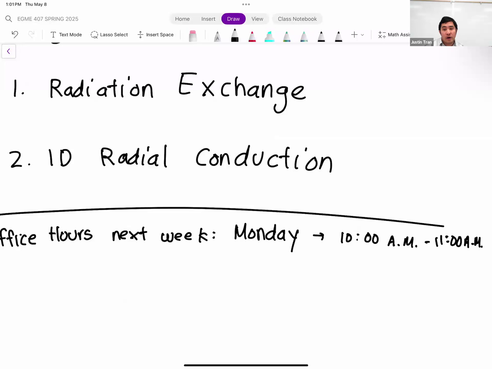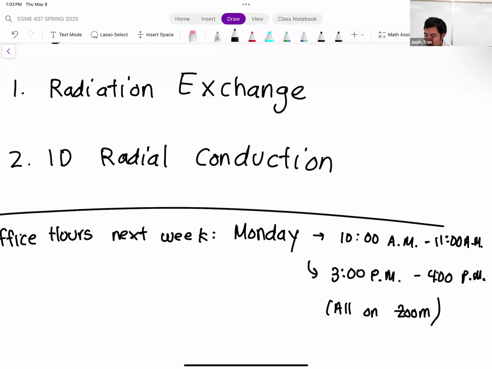If you have any last minute questions on the study guides or the practice problems, you can come by at that time. I'm going to have extra office hours on Monday too, also on Zoom, in the afternoon, 3 p.m. to 4 p.m. If you can't make the morning one, maybe because you have a final exam during that time, I opened up a second one.